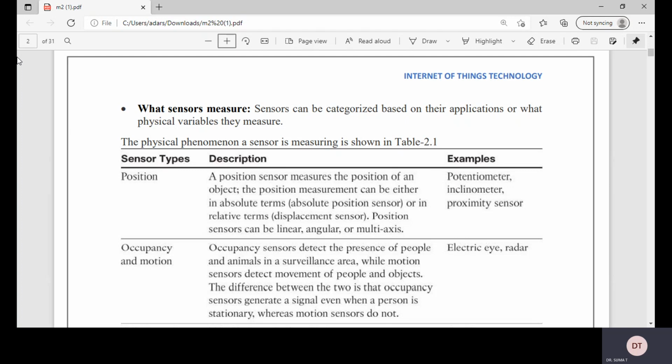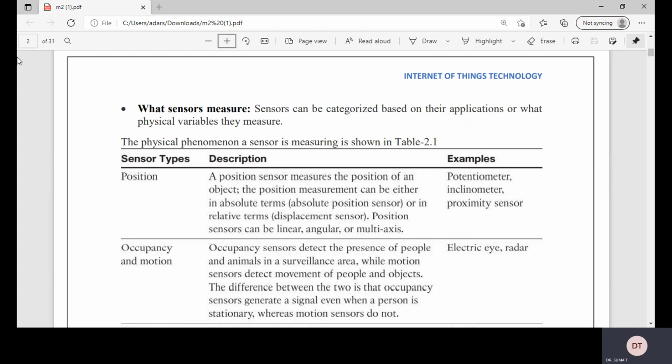The most useful classification scheme for the pragmatic application of sensors in IoT networks is by what they measure. This type of categorization is based on what physical phenomenon a sensor is going to measure.